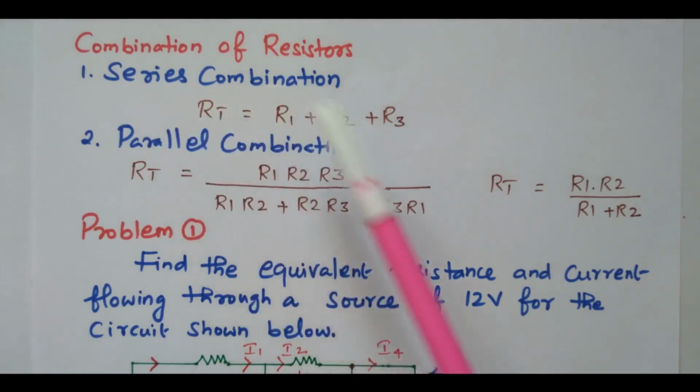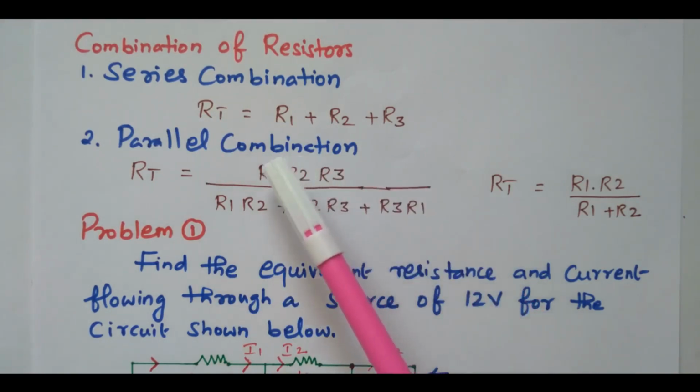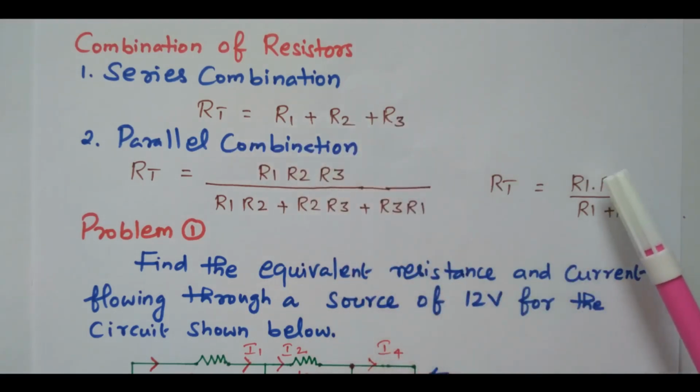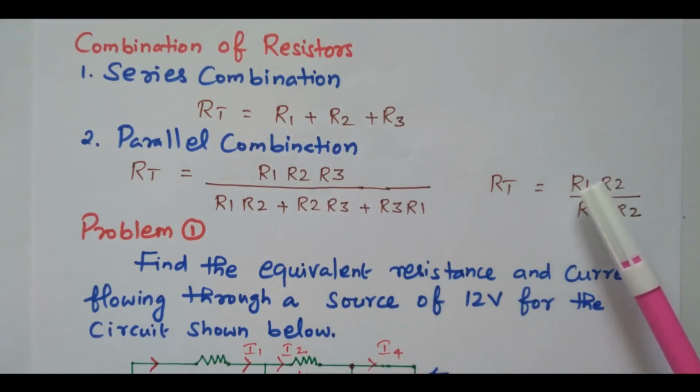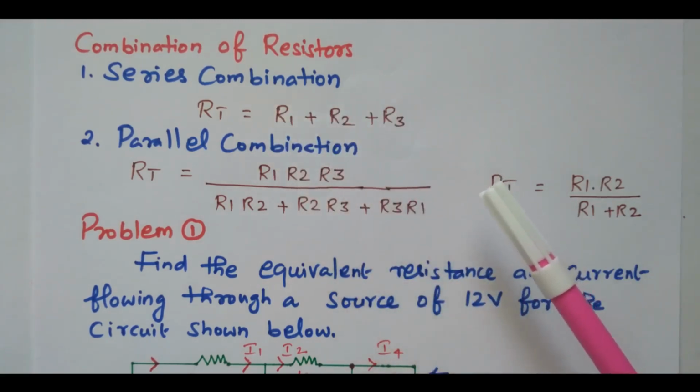The series combination. If the resistors are connected in series, the resultant resistance will be R1 plus R2 plus R3. If three resistors are connected in series, the total resistance is nothing but the sum of individual resistances. You have to add all the resistors, R1 plus R2 plus R3.